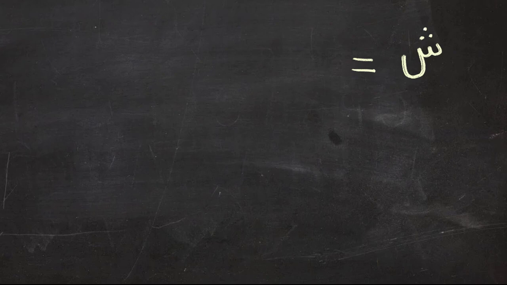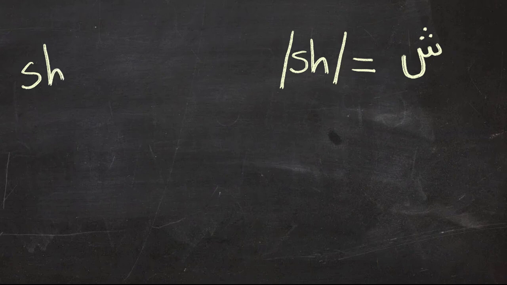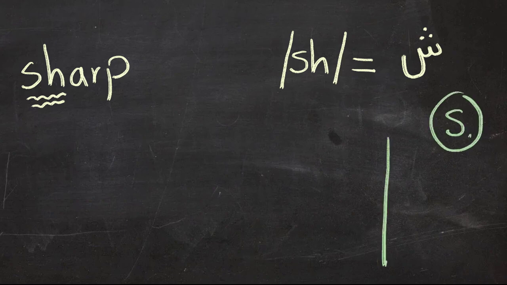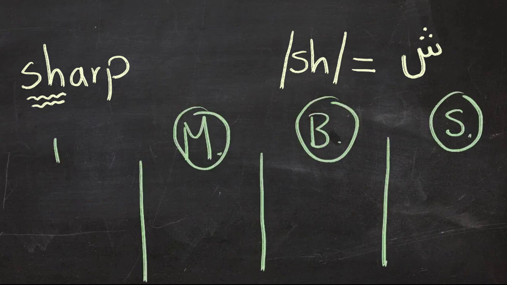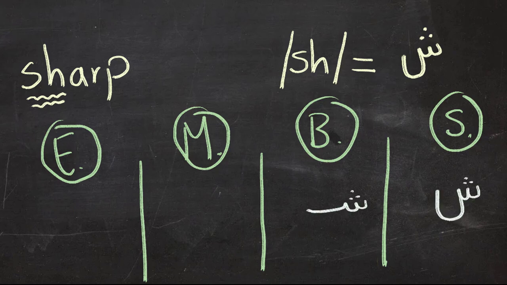Sheen is to be compared to the combination of SH in English. SH, not CH, like the sound at the beginning of the word sharp. Sharp. So sharp, sh sound, this is the sheen. Again, the 4 positions look very much the same as the sin, and this is what it looks like.